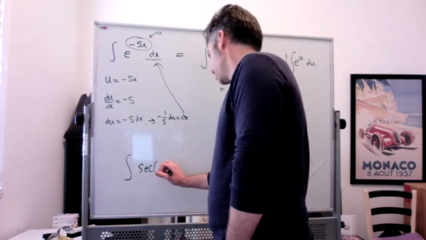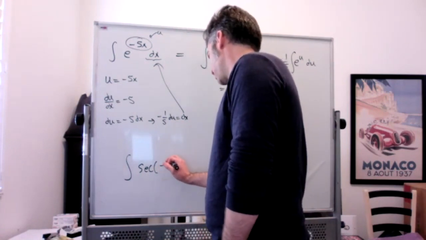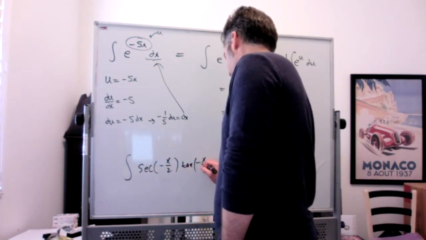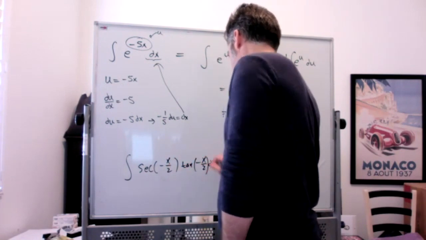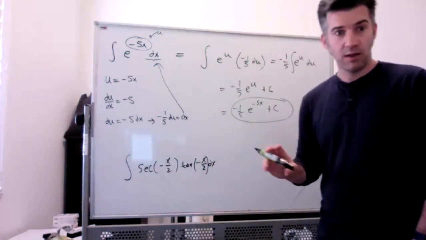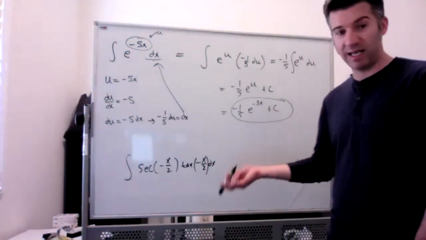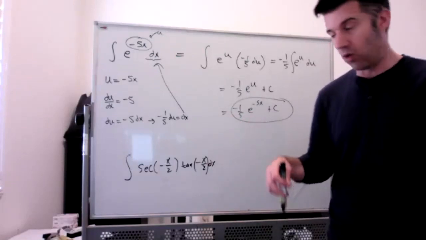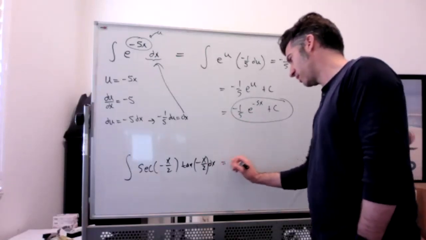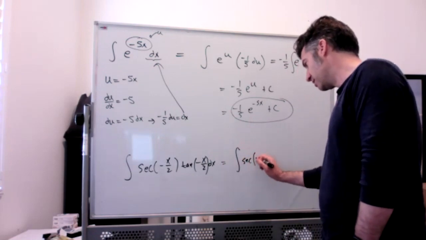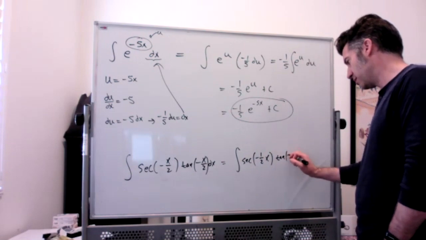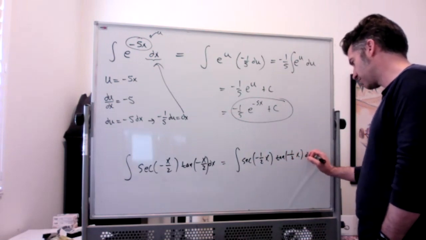Let's do secant of negative x over 2 times tangent of negative x over 2 dx. This looks like secant of x divided by negative 2 times tangent of x divided by negative 2, or you could also write it as secant of negative 1/2 x times tangent of negative 1/2 x.